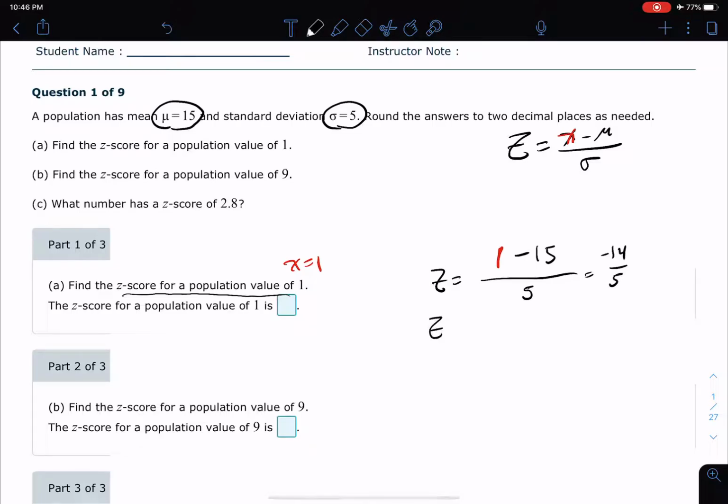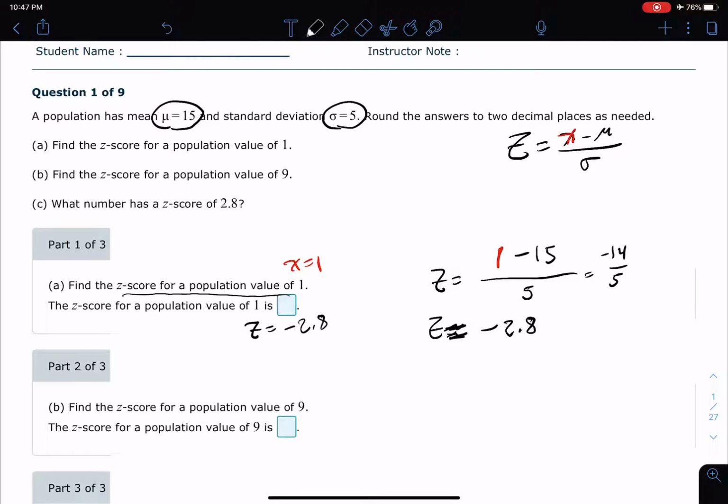They did tell us to round, but we get exactly negative 2.8. So there's my first answer, z equals negative 2.8.